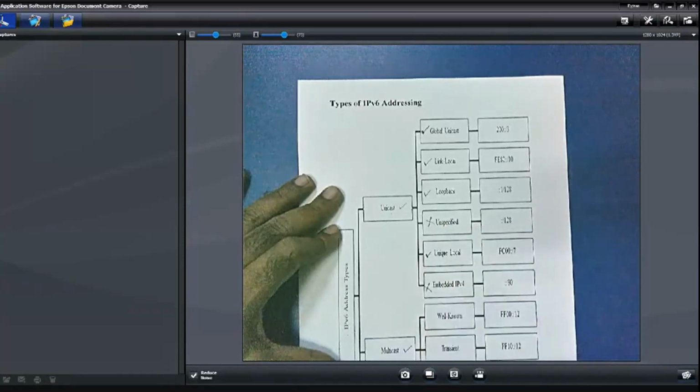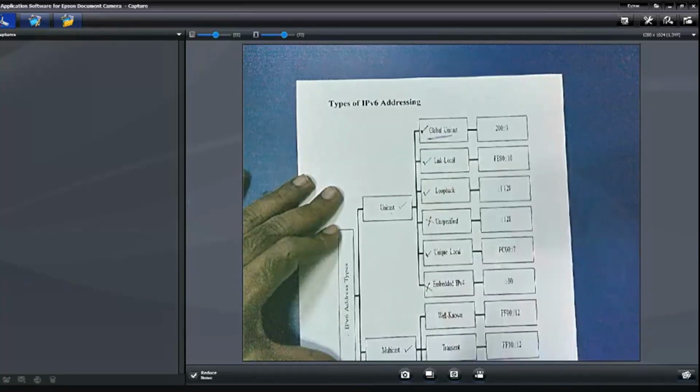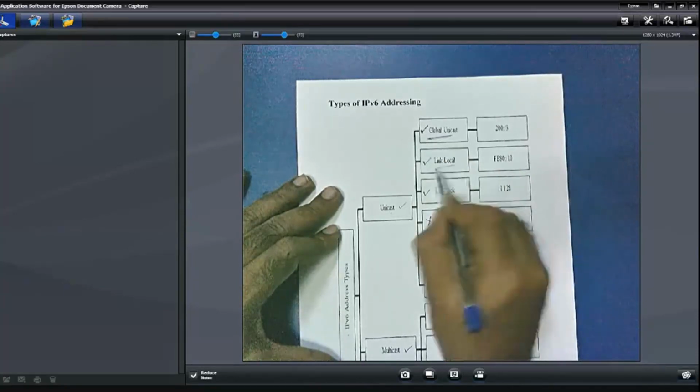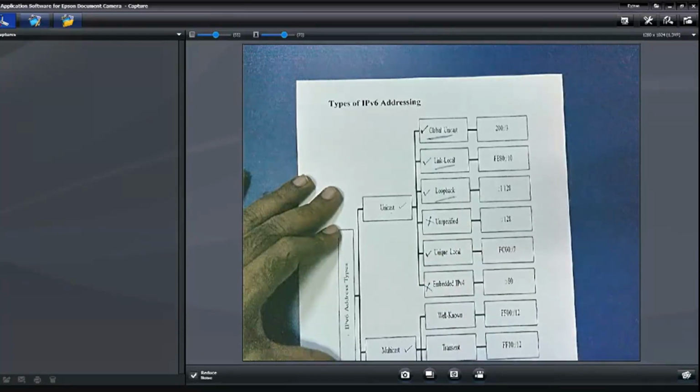Global unicast is very, very important. Today we discussed loopback, and I will show that.